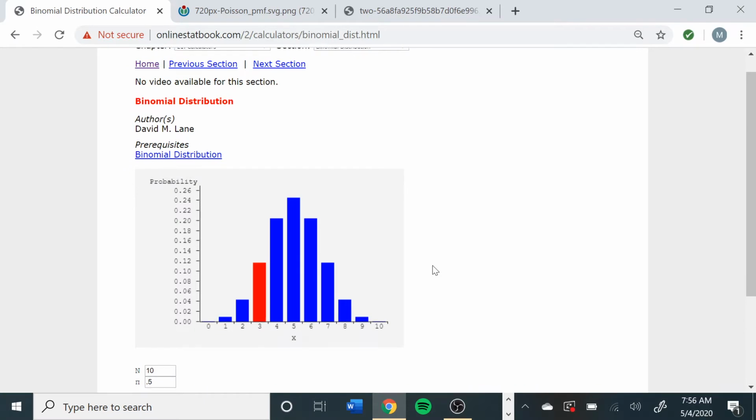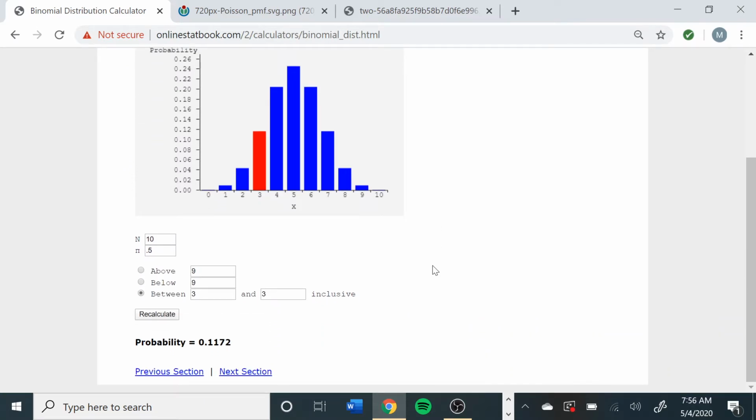Okay? All right, now let's see. Another thing that we do a lot of times is we try and figure out what is the likelihood of getting a value that is a certain score or lower. So for example, if we wanted to know how likely is it that we will get fewer than 4 heads, then you would select below here, and you have to put in below 4, you see.